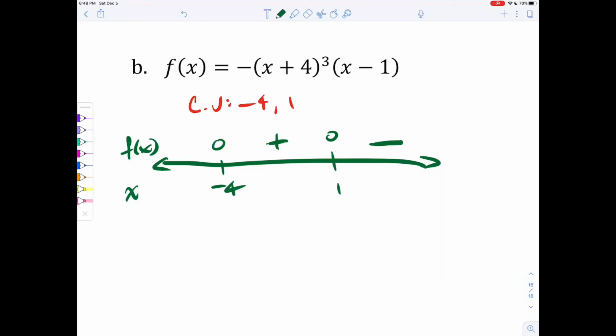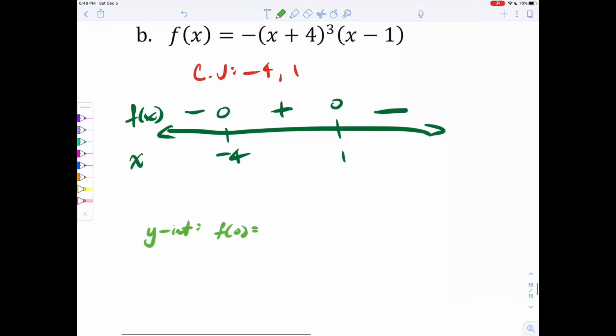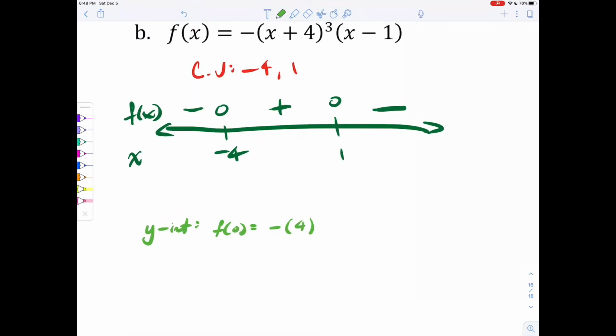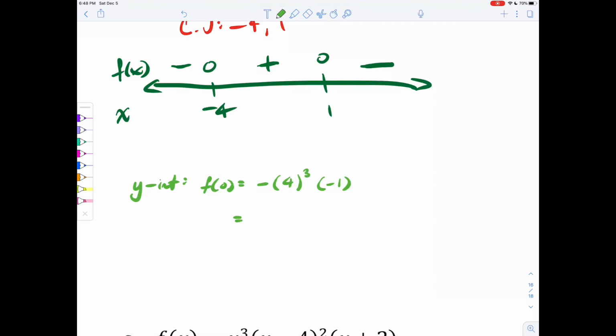And over 4, it's going to switch again because this is odd as well. Okay. And then y-intercept. F of 0 is the negative of 4 cubed times negative 1. 4 cubed is like 64. So that's that.